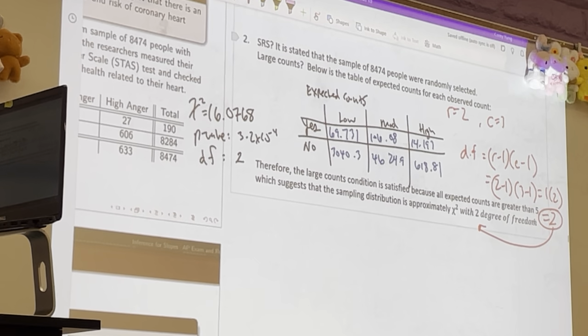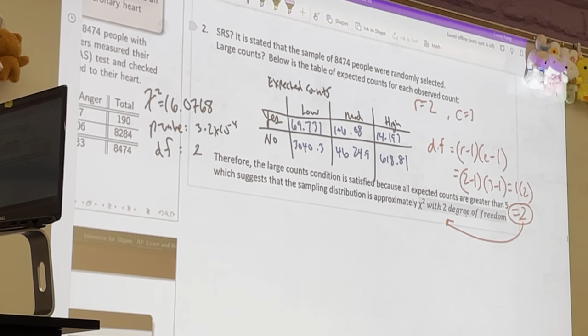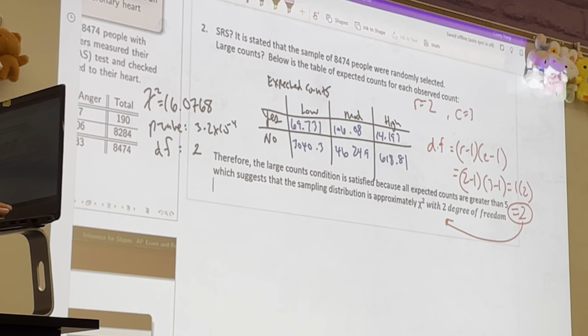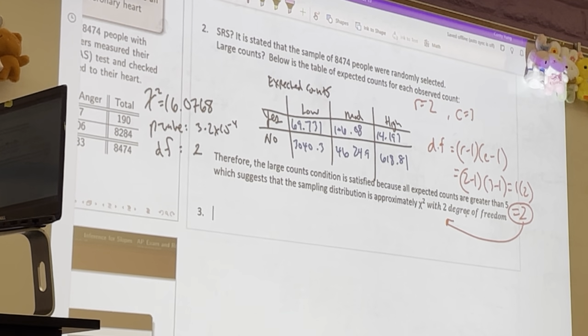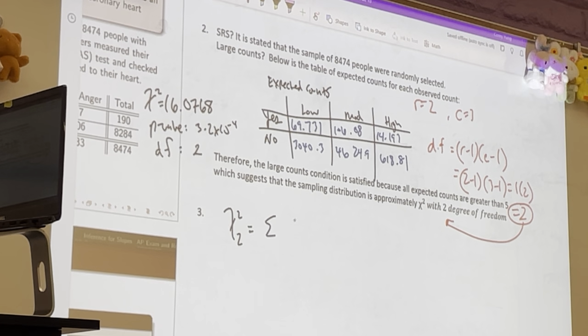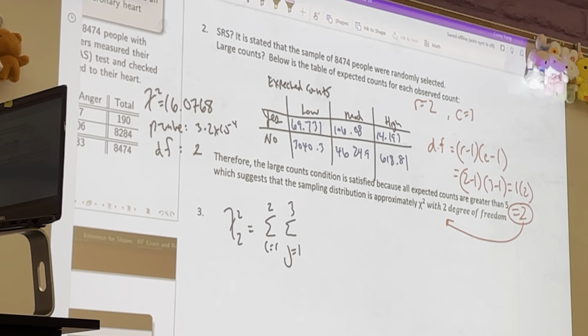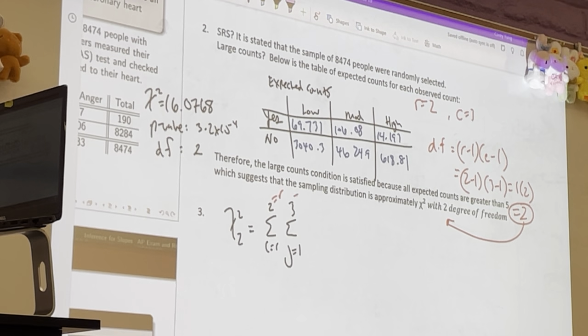So once we're done with the conditions, then we can move on to the calculations, where the calculations are pretty much done for us. All right, so I guess I'll just continue to write. The chi-square test statistic, chi-square with 2 degrees of freedom, is equal to the sum, i going from 1 to 2 because I have 2 rows, j going from 1 to 3 because I have 3 columns, so just be aware where these numbers are coming from.